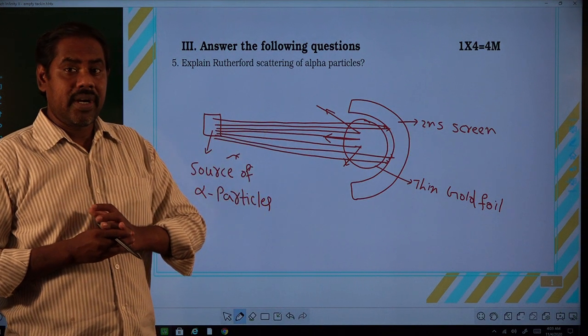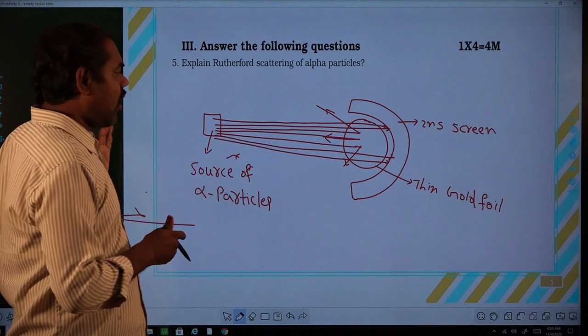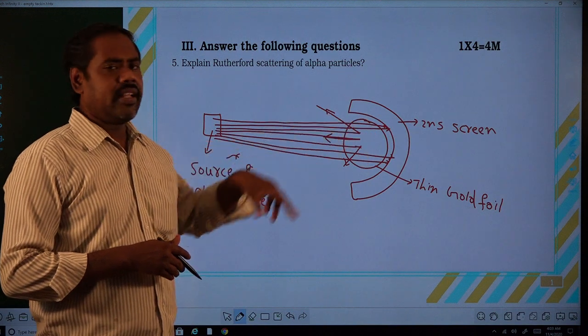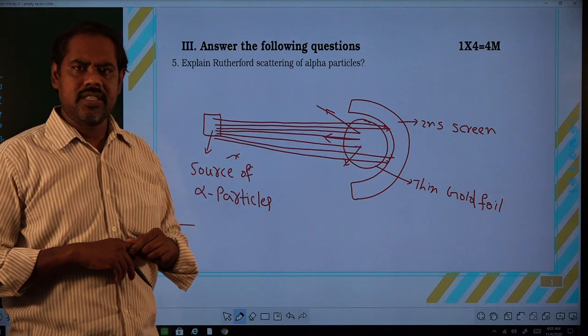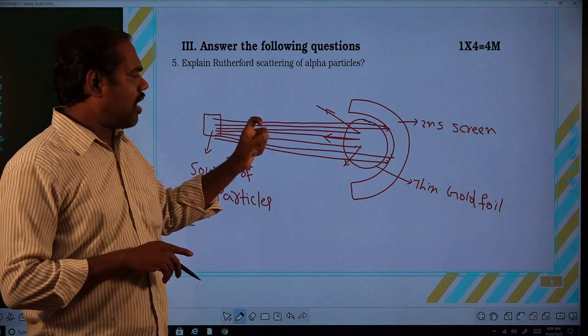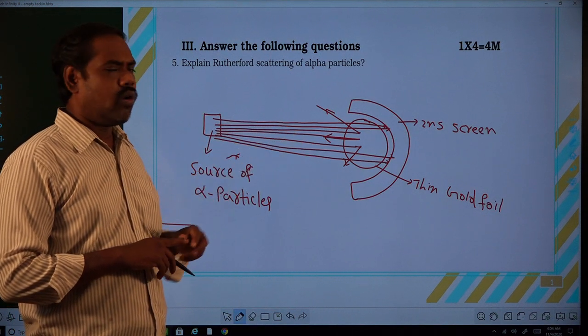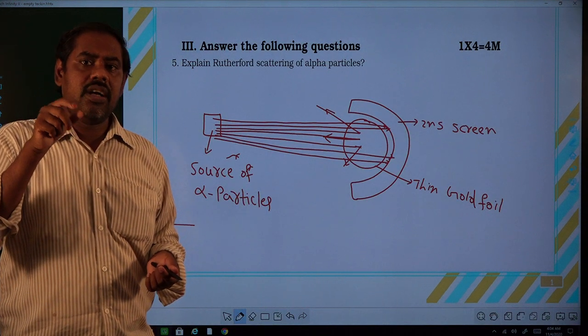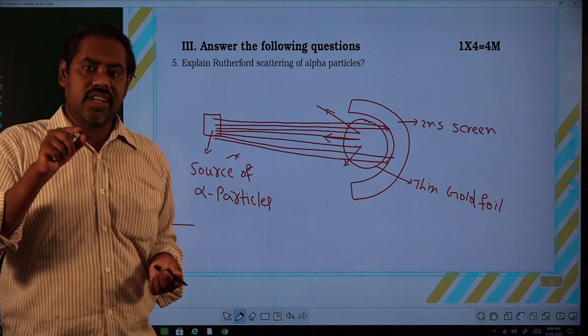So from this experiment you find that since maximum alpha particles pass through, the atom is mostly hollow. Hollow means empty space. Near the center of the gold foil, some particles are present which are also positively charged.